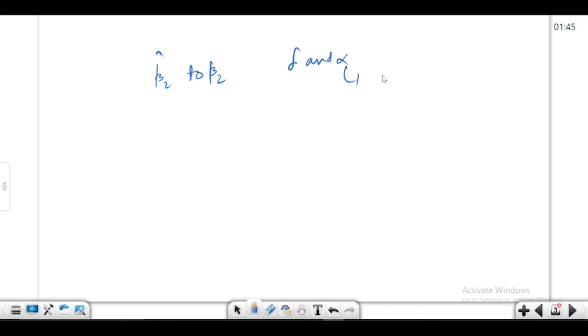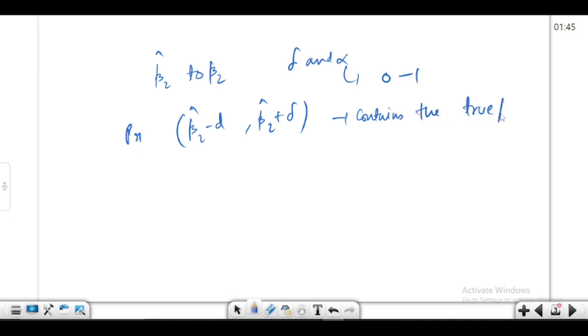This alpha value lies between 0 and 1, such that the probability that the random interval, so the interval is beta 2 hat minus delta, comma, beta 2 hat plus delta, this interval contains the true beta 2.